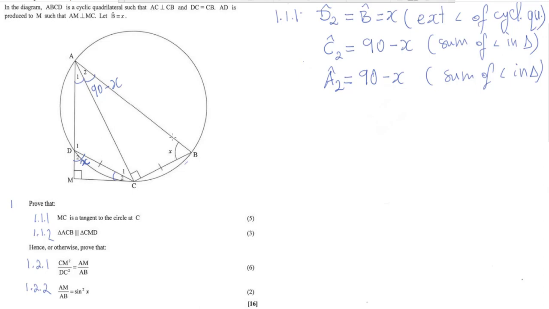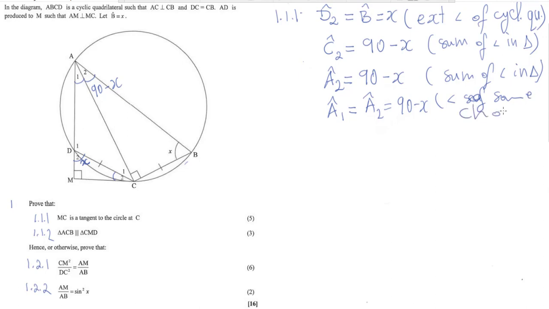If you look at this chord, you go there, you go there, you are able to start from this point A to D, from D to C, from C to A, and then A to D. Because the two angles touch each other here at one point, A1 will be equal to A2, which is 90 degrees minus X. We say angles of the same chord.